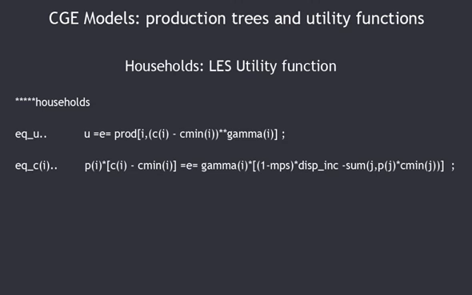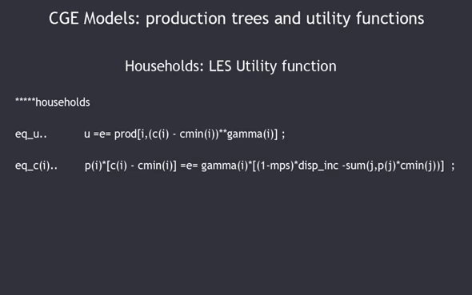So it means the price of each good times the difference between consumption in level and minimal consumption is equal to the gamma parameter times what is usually called residual income or supernumerary. This is the difference between the disposable income of the consumer, which doesn't go to savings, so the household income allocated to consumption, and the sum of minimal consumption multiplied by prices.